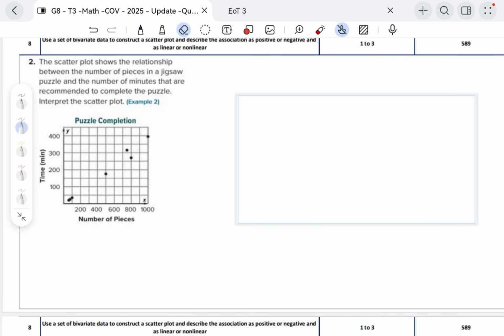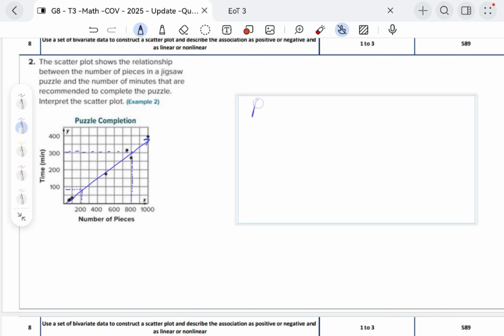So the first thing that we can see from the scatter plot is that as the number of pieces increase, the time also will increase. So this is a positive association. At the beginning, when we had around 200 pieces, the time it took to finish the puzzle was less than 100 minutes. But if we increase the number of pieces, like 800, the time also will increase to around 300 minutes.